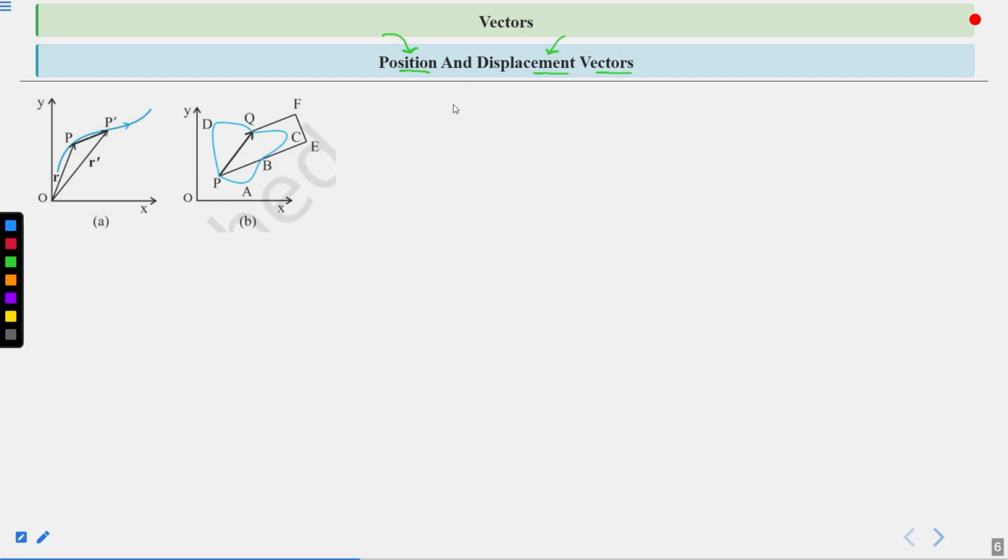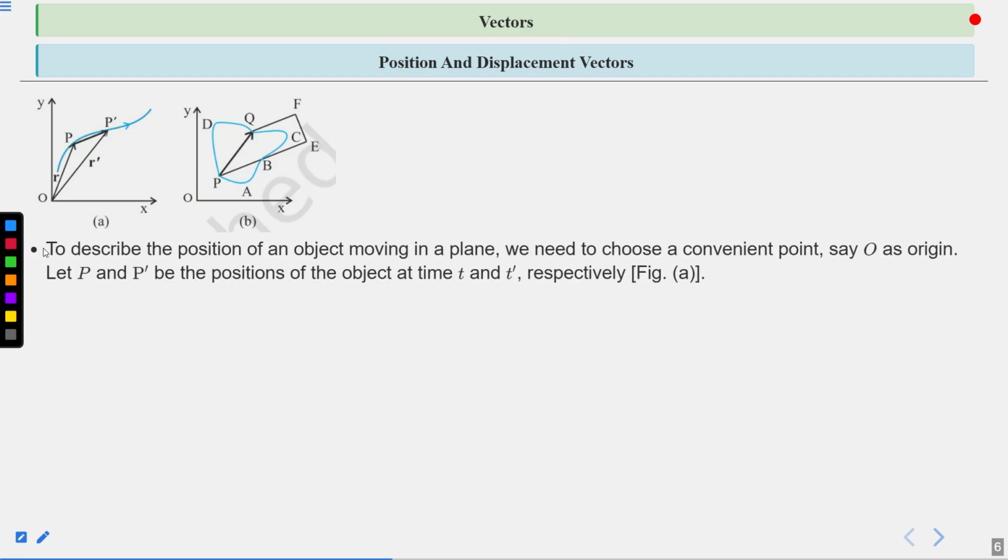Clear? To describe the position of an object moving in a plane, a question arises: what is the meaning of plane? Plane means two dimensions. X axis means one dimension. If two dimensions are present like x and y at the same time, we can say it is two dimensional.